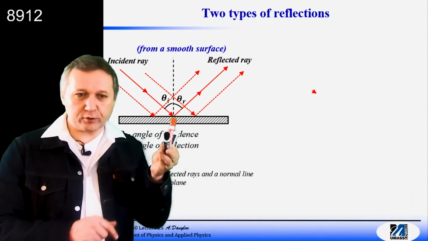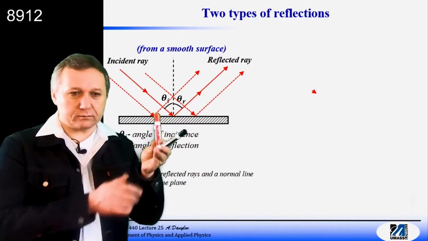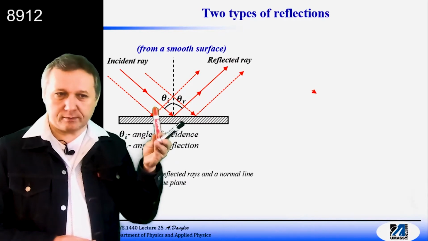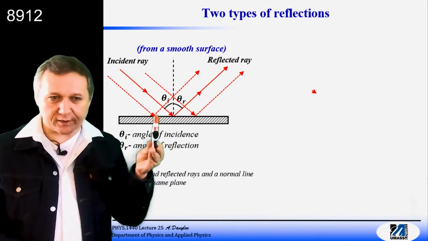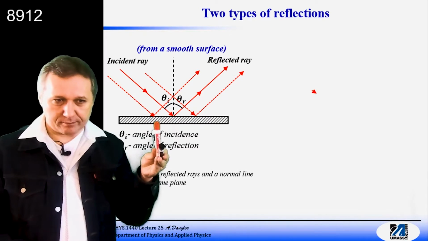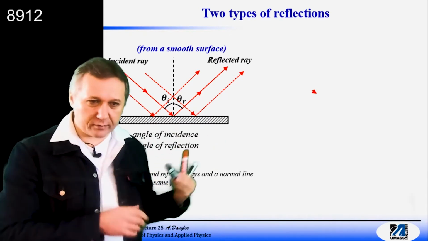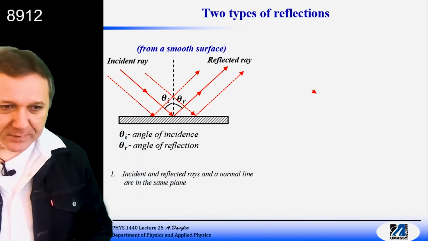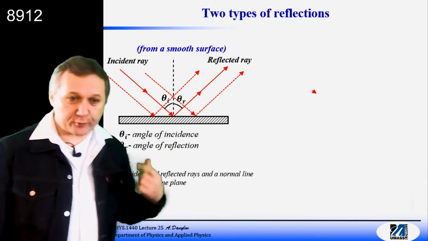It's impossible to have a situation like this, no way. So all the time, these three directions must lie in the same plane. The reason I will explain in a second. So it's the first part.